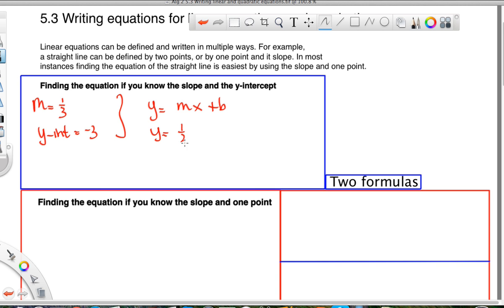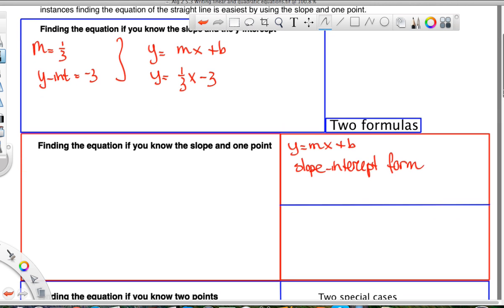So it would be 1/3x plus a -3, so we would often write 1/3x minus 3. So that would be one type. And that would be the first of the two formulas that I think you need to know at this point. So this is called the slope-intercept form of a straight line.